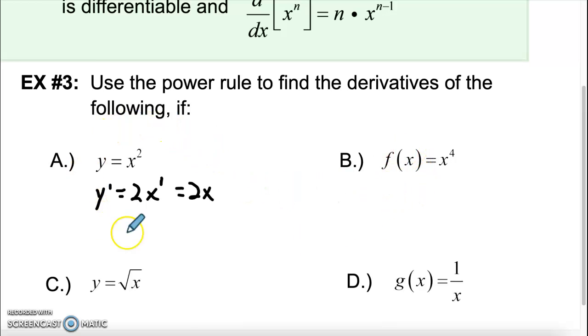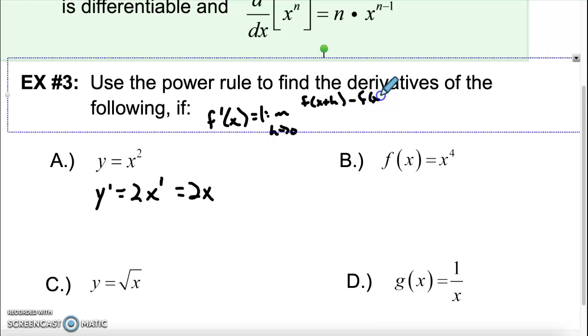And remember we used our definition of a limit to calculate all of these before. We used f prime of x equals the limit as h approaches 0 of f of x plus h minus f of x all over h.